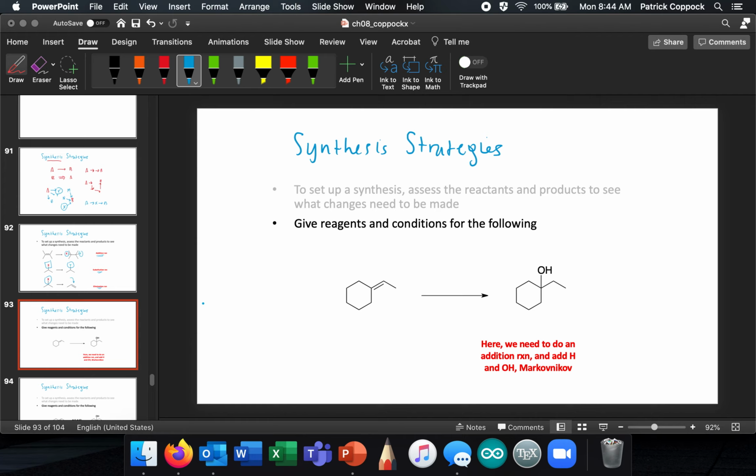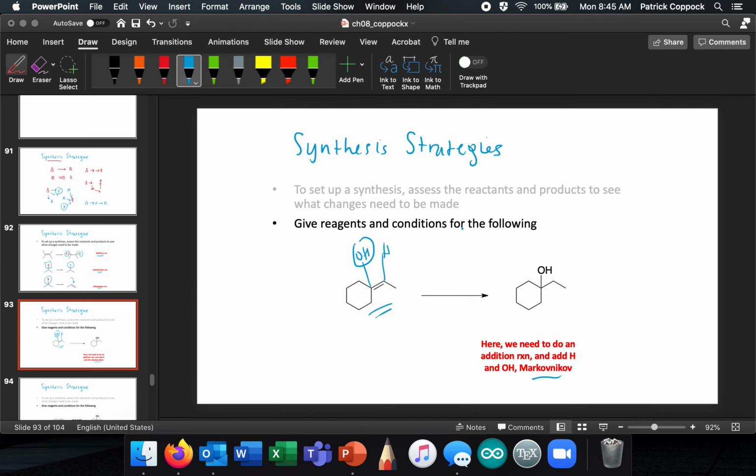If you're asked to take something like this and make this from it, you say, wait a second, I've got a double bond here, and aha, okay, it looks like I'm going to be adding an OH here and a hydrogen here. So it looks like I'm adding water across a double bond. It also looks like this functional group went to the most substituted carbon, so it's going to be Markovnikov, right?